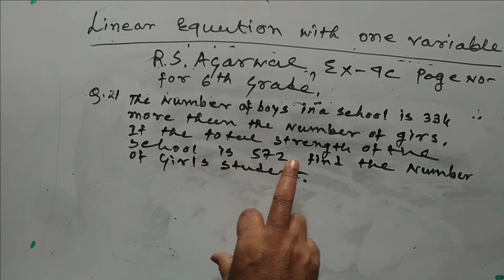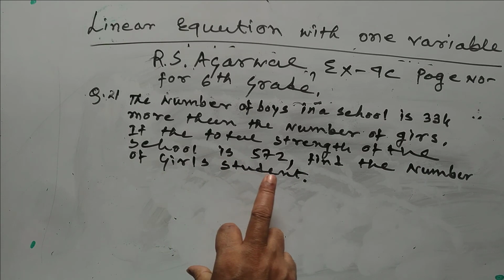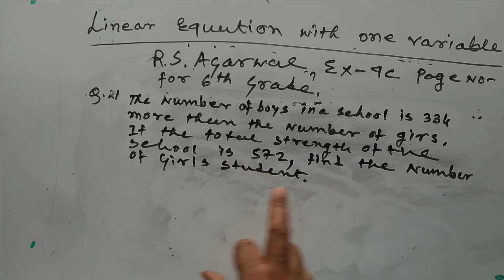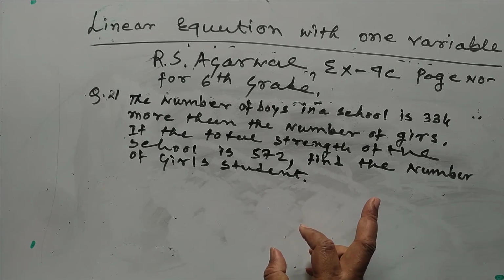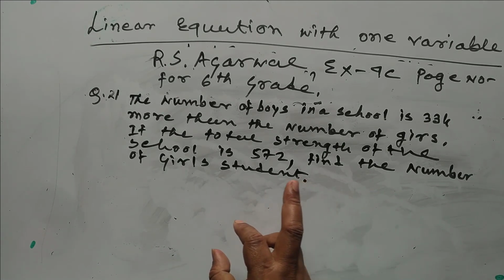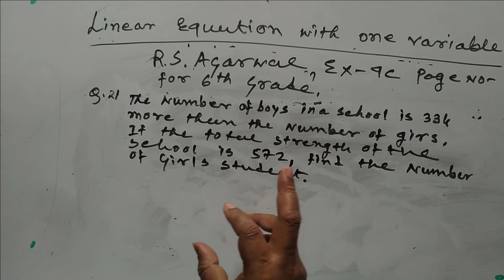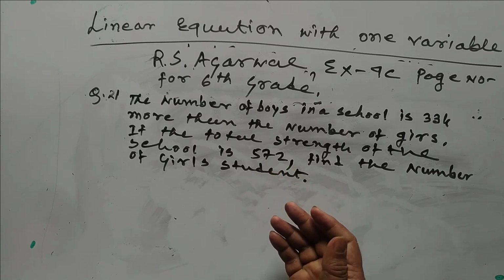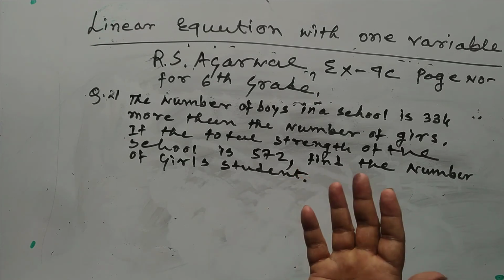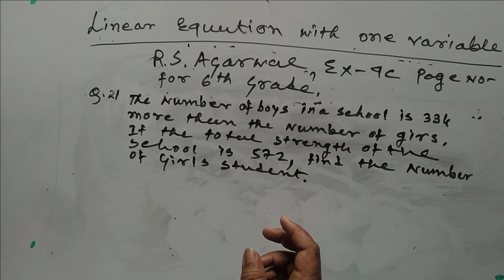If the total strength of the school is 572, find the number of girl students. If we know the number of girl students, then it will be easier for us to find the number of boys. So here the unknown number is the number of girls.